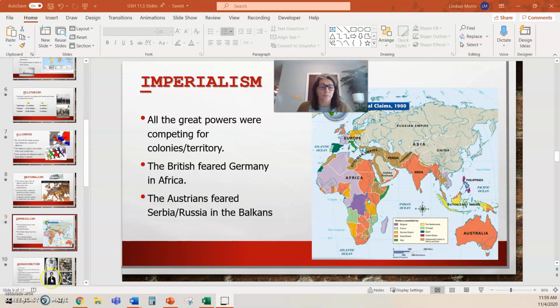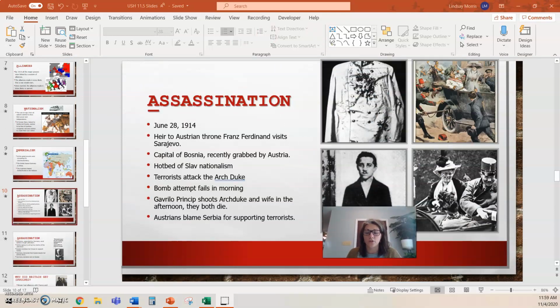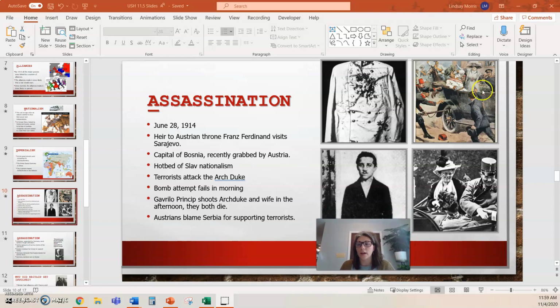Okay, and the last part of the causes of World War I is the assassination of Archduke Ferdinand. And you can see right here, this is a painting of him and his wife, kind of a recreation of what happened.